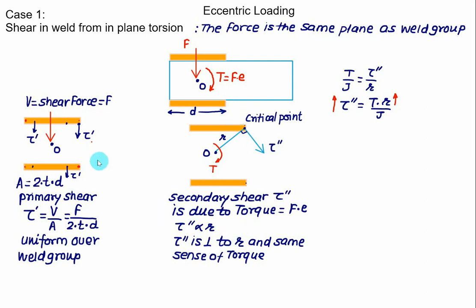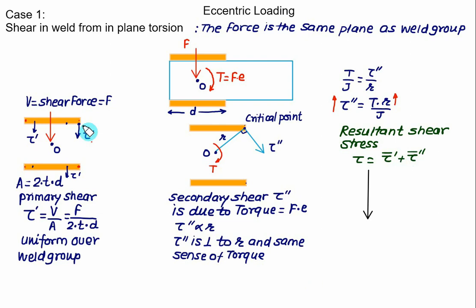So two stresses are produced. One is tau prime, which is called the primary shear due to the force F, and the secondary shear due to the torque T, which is given as F into E. Once we find the primary shear tau prime and secondary shear tau double prime, then we have to calculate the resultant shear stress, tau, which is equal to the vector sum of tau prime plus tau double prime.